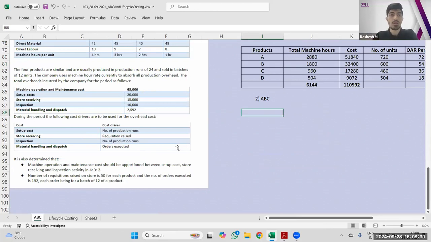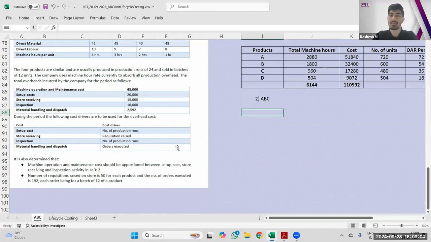And sold in batches of 12. The company uses machine hours currently. They've given us 5 costs: machine operation and maintenance, setup cost, store receiving cost, inspection cost, and material handling and dispatch cost. During the period, the following cost drivers are used to absorb the overhead costs.